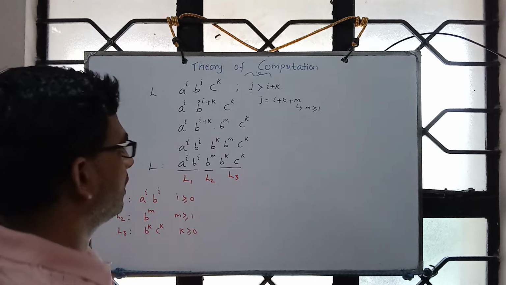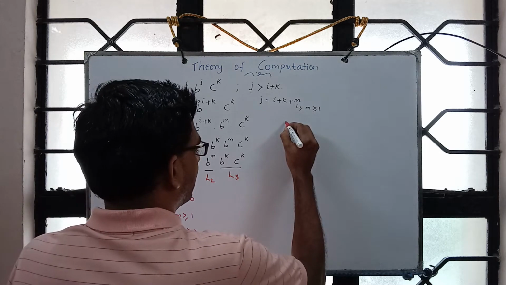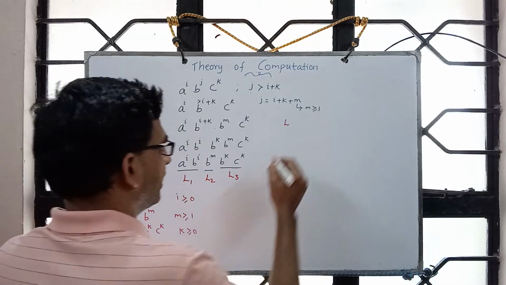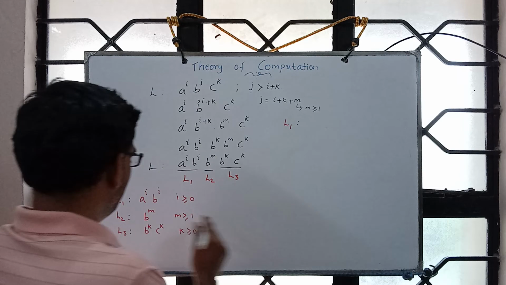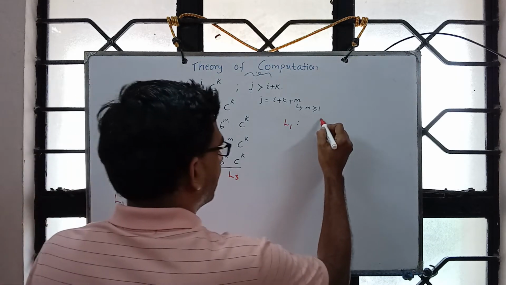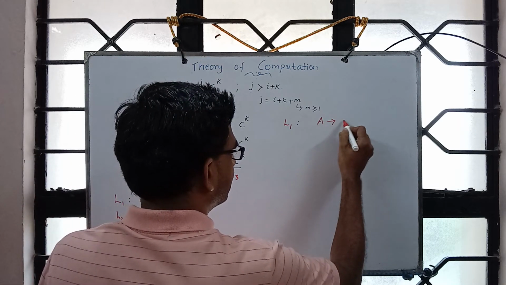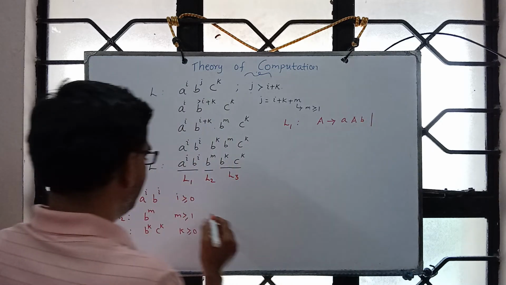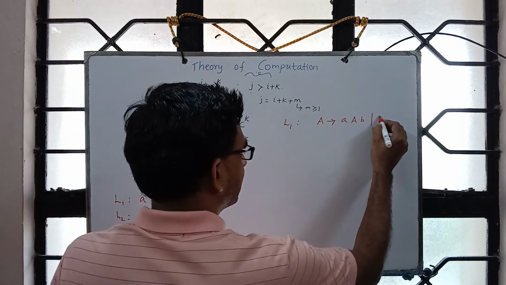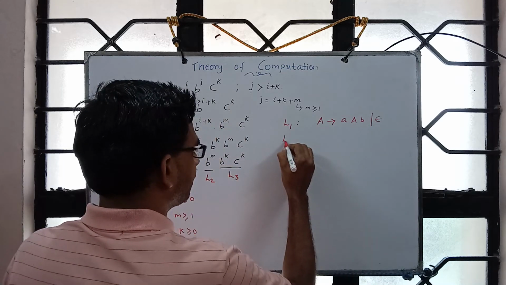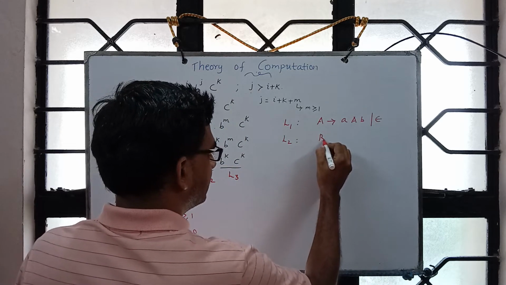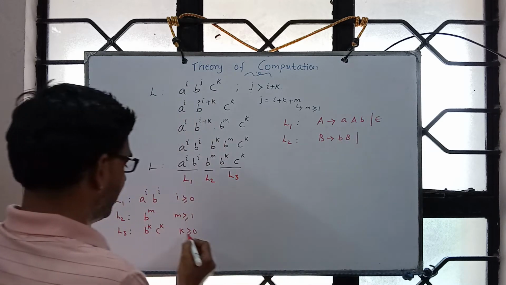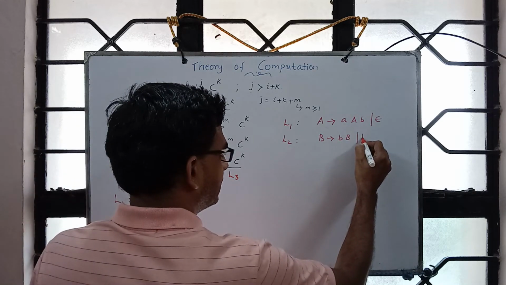Fine. Now, we know how to write grammars for L1, L2, L3. So, L1 says A implies small a, capital A, small b. i is at least 0, which means epsilon is allowed. L2 says B implies small b, capital B. m is at least 1, so which means B implies b.